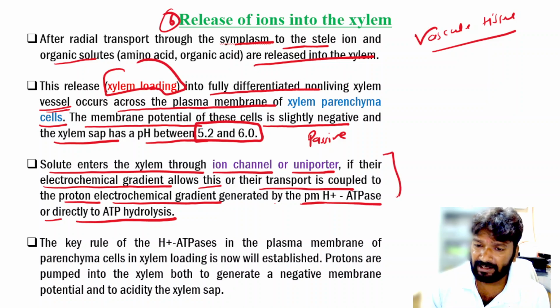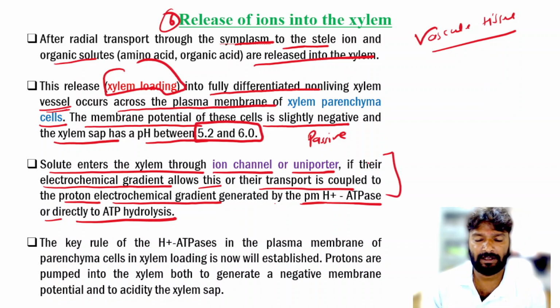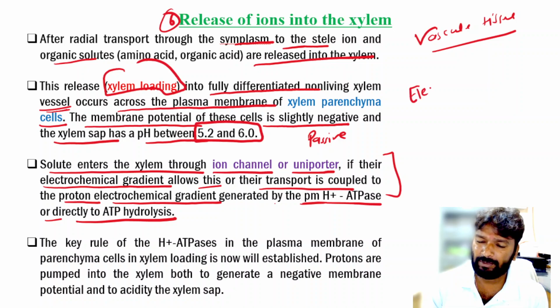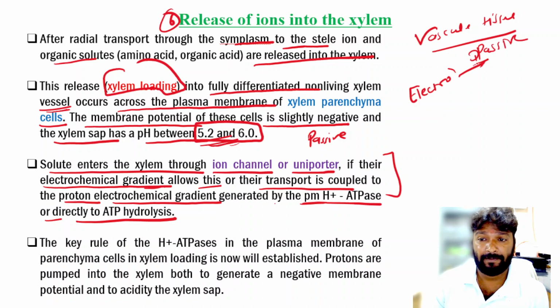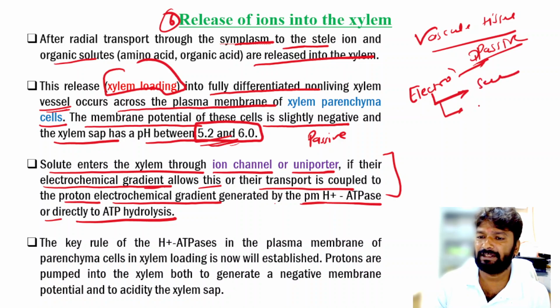So here there are three possibilities. Because there is a pH difference between the xylem and the cytoplasm, if the electrochemical gradients allow the movement of ions, they can move by a passive process. If not, there are two possibilities: first through secondary transporters, and second through primary transporters.